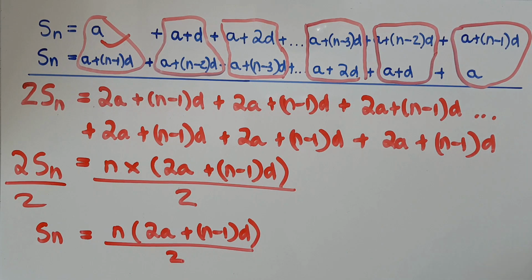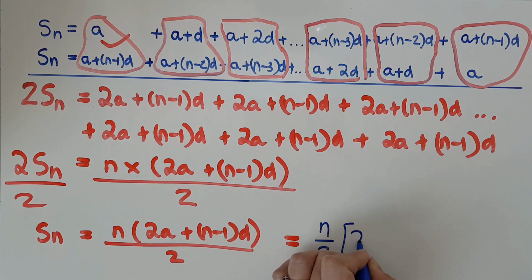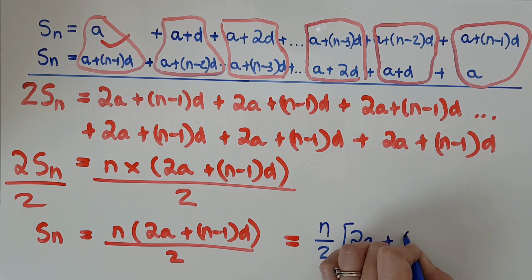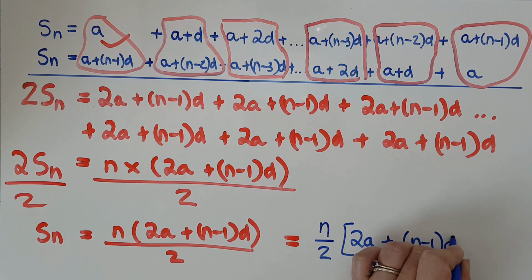The way we like to write this and the way that you're going to get it in the formula, I'm just going to change colors for dramatic effect, is going to be n over 2. So we'll just keep the 2 on that side, and then we will bracket this with a square bracket, 2a plus n minus 1d. And that is the formula that you're going to be using, and that's the proof on how to get there.